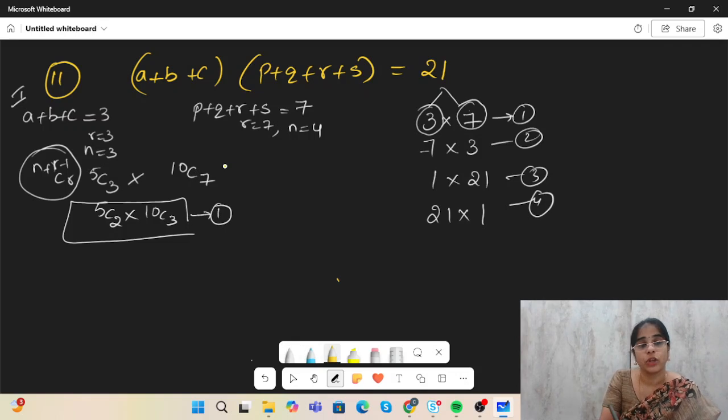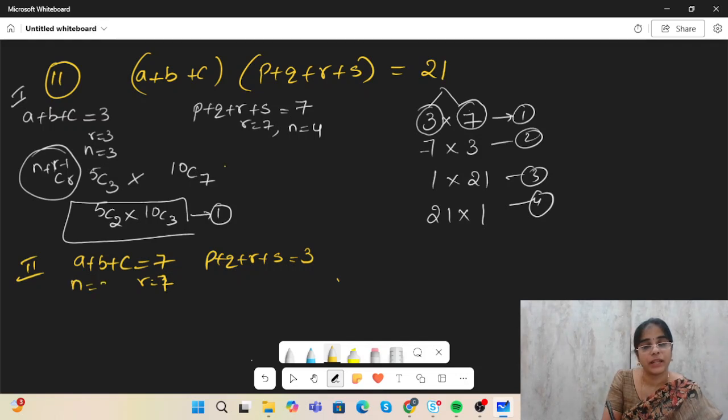Right? Now talk about my second case. Second case, my a plus b plus c is 7. P plus q plus r plus s is 3. So here my r is 7, n is 3, isn't it? In this case, n is 4, r is 3.